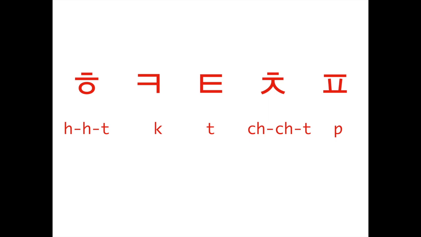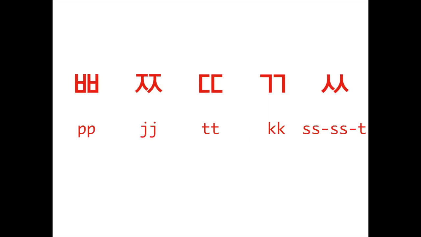Letter H, then T, letter K, letter T, CH, then T, and letter P. PP, JJ, TT, KK, SS. So initial SS, medial SS, final is letter T.